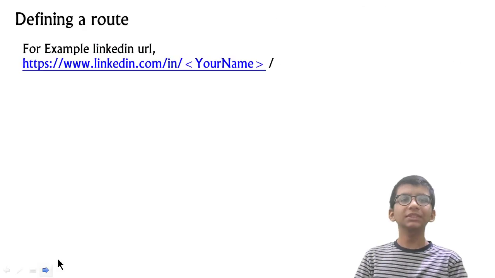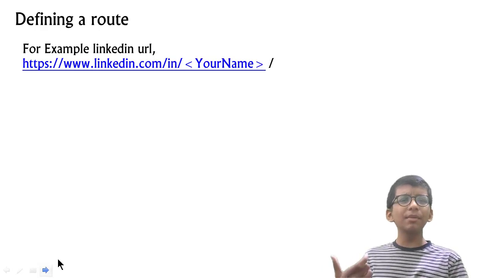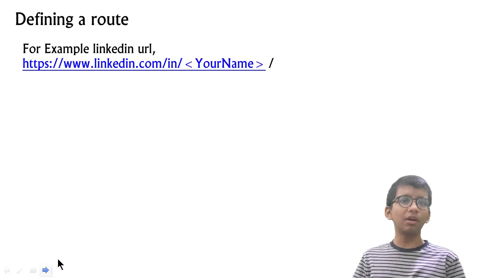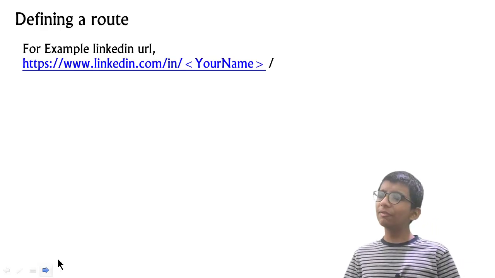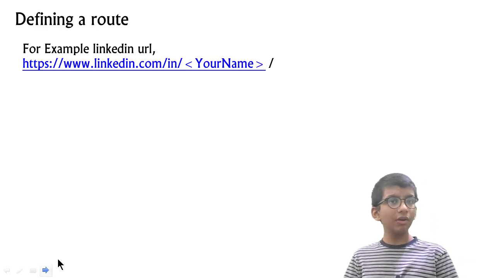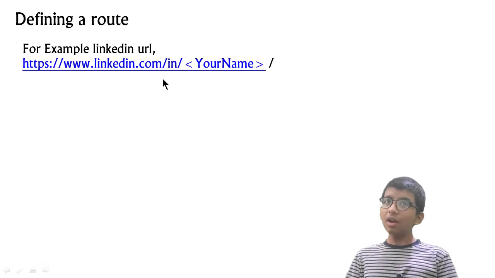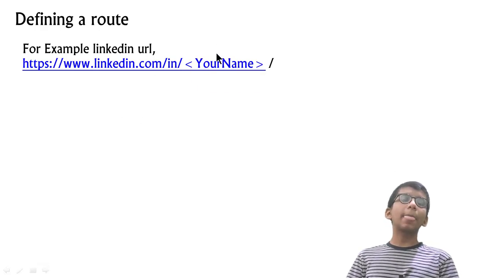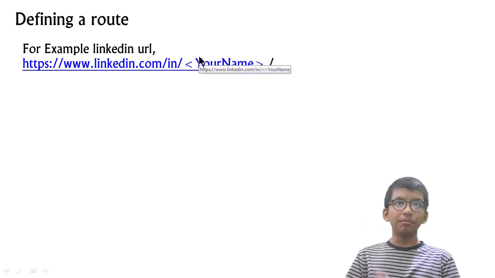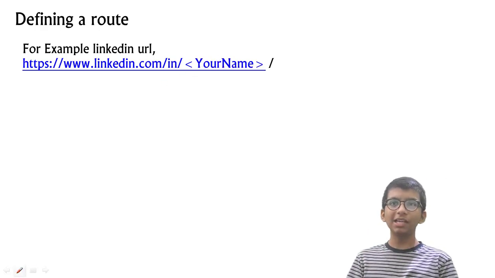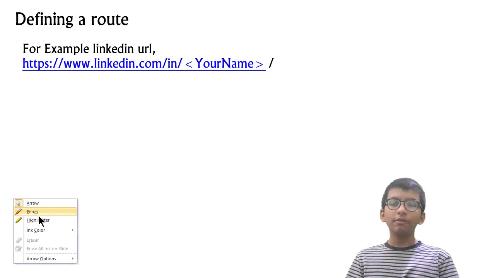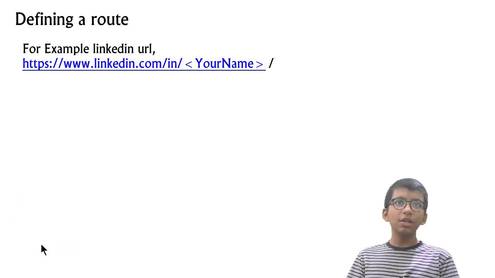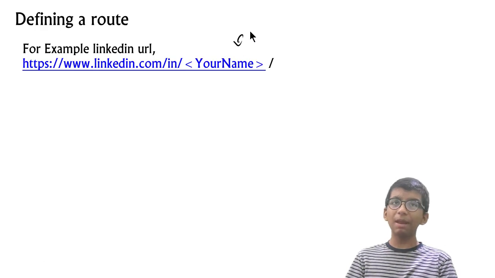Okay. Now we have seen a simple route, like a hello world. But on Facebook or LinkedIn or Twitter, you don't just see linkedin.com. You also see your name after the slash if you have signed up for a LinkedIn, Facebook, Twitter or Instagram account. You just see your name, whatever the username is.